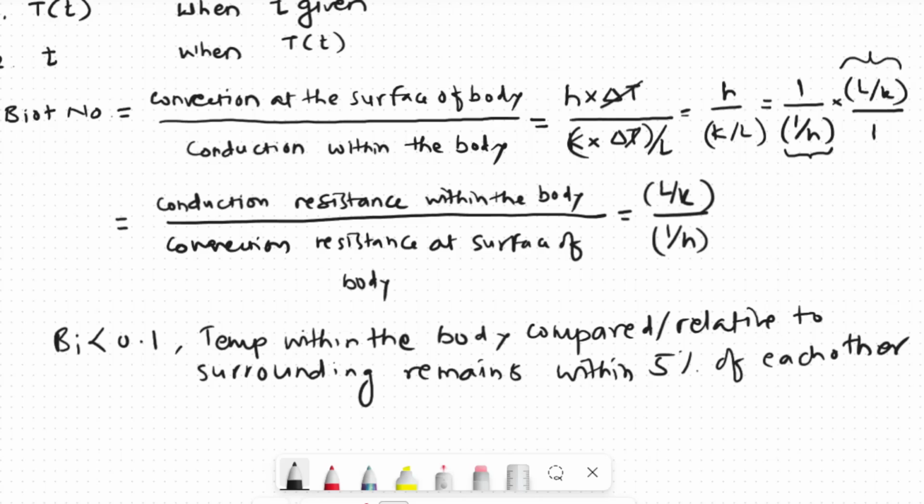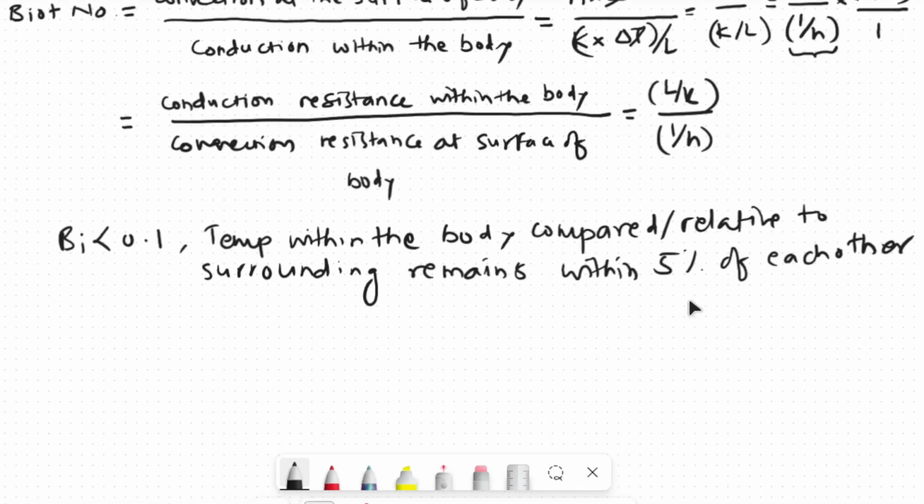So what we want to say here is that if the value of Biot number is less than 0.1, the temperature inside the body remains within 5% of the surrounding. So there is no change inside the body, no change in the temperature of the body. The temperature inside the body remains nearly constant.